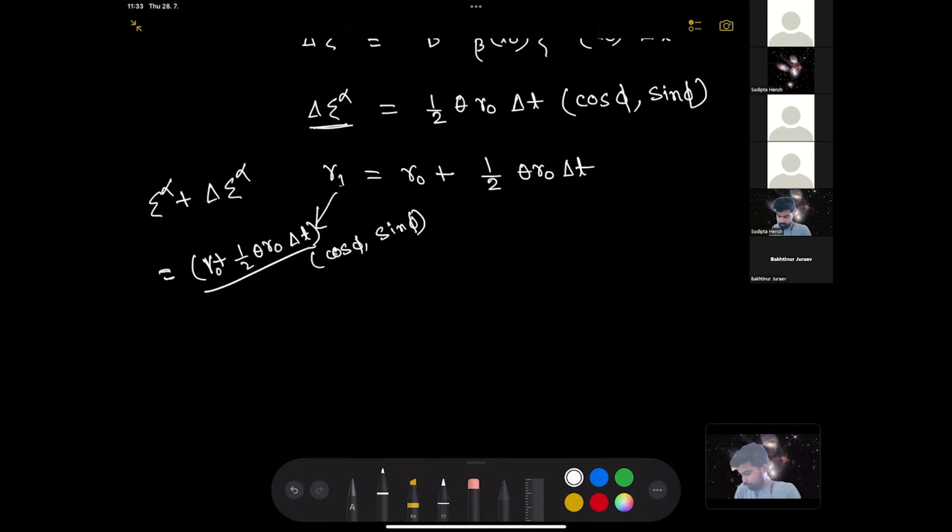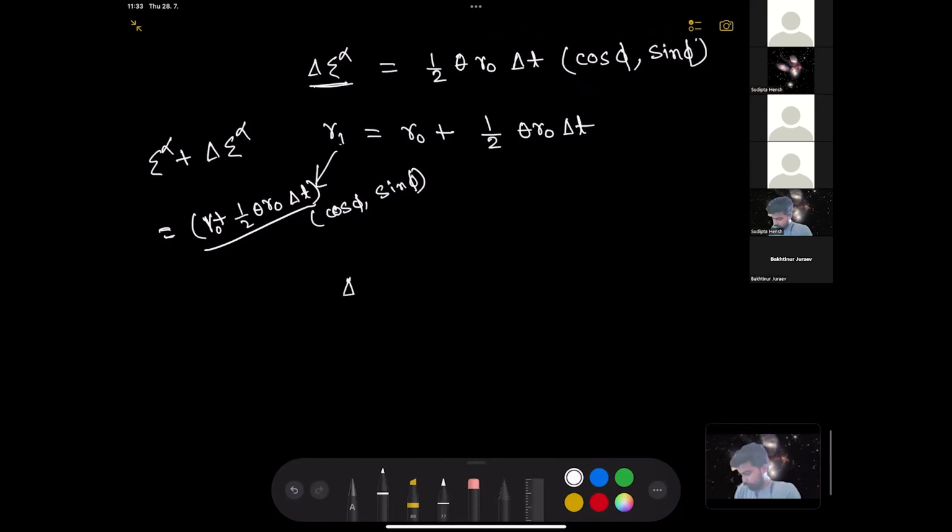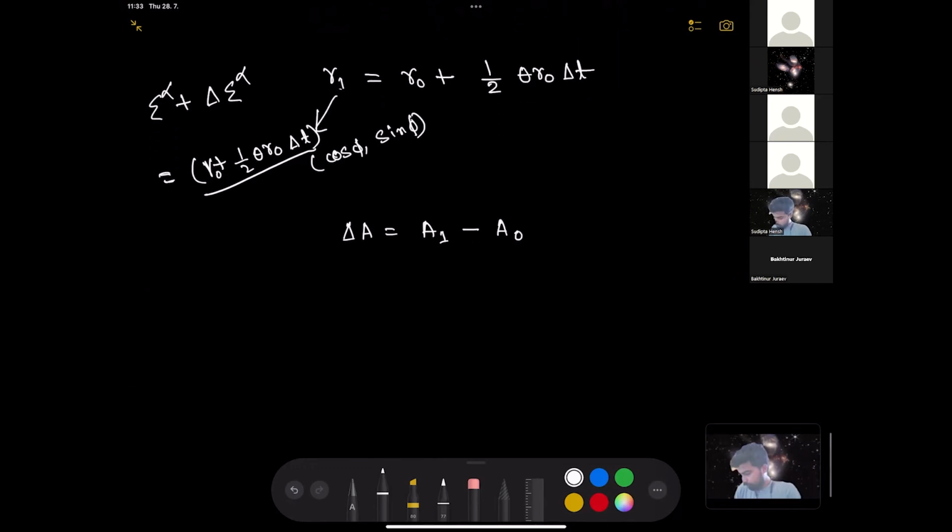And if we now check the change in area as the radius is changing, we will definitely have a change in area. Let's say A1 is the new area and A0 is the old area. Then the change will be pi R0 squared theta delta t. A0 is basically pi R0 squared, because the earlier radius was R0.